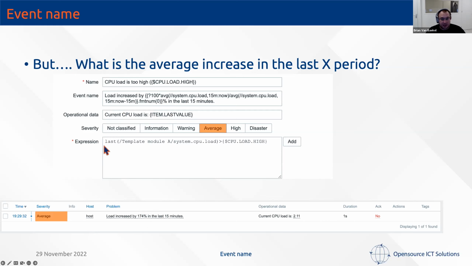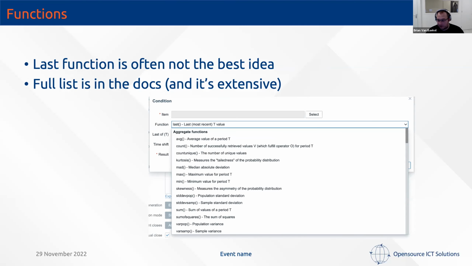In this trigger expression, I have been using last as a function. Last is often used. It works great, but might not be the best idea. So Zabbix just created more functions. And I still remember the time that I started using Zabbix, where there were like 10 or 15 functions. Right now, that list is extremely long.